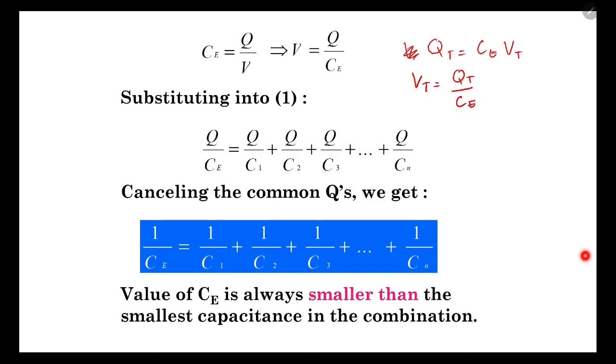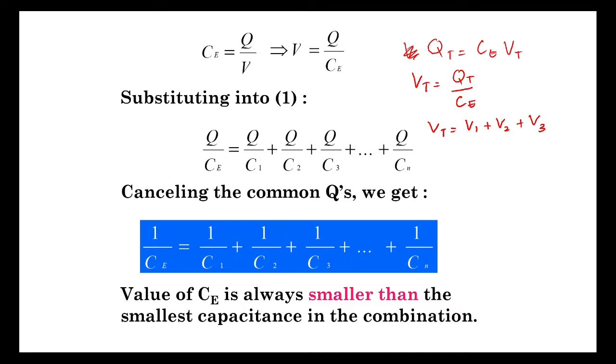By the equation of voltage, we have V total equal to V1 plus V2 plus V3, where V1 is the potential at capacitor 1, V2 is the potential at capacitor 2, and V3 is the potential at capacitor 3.